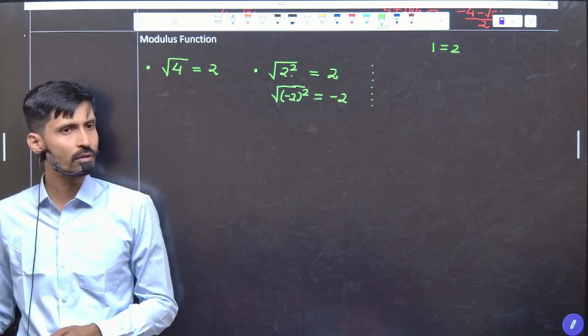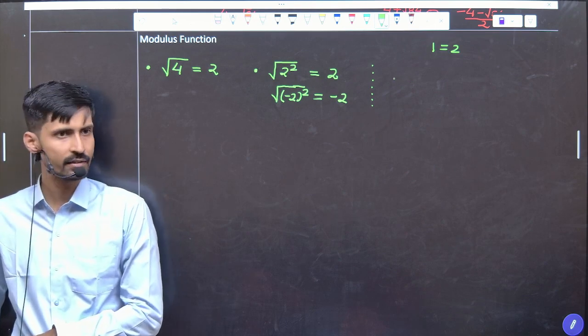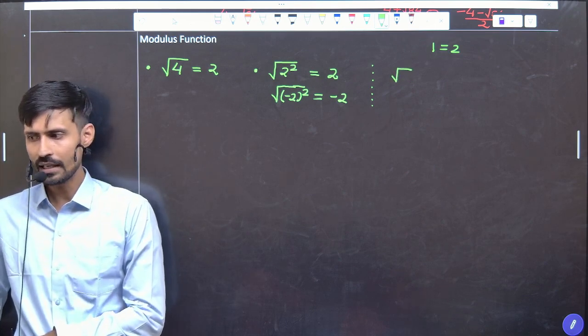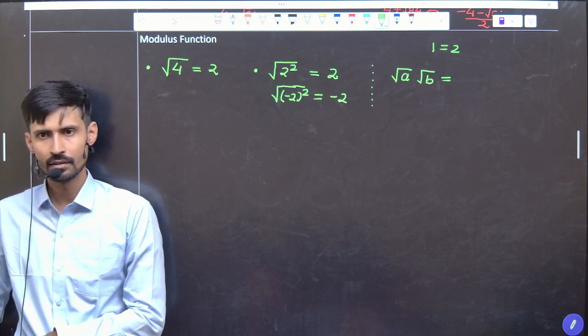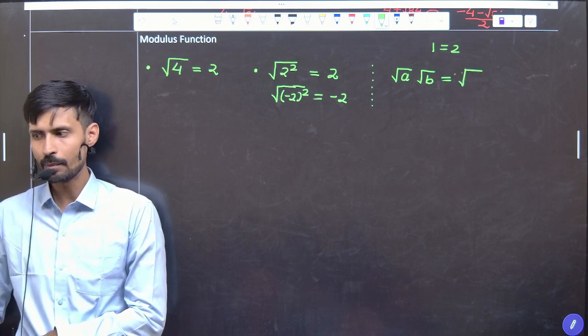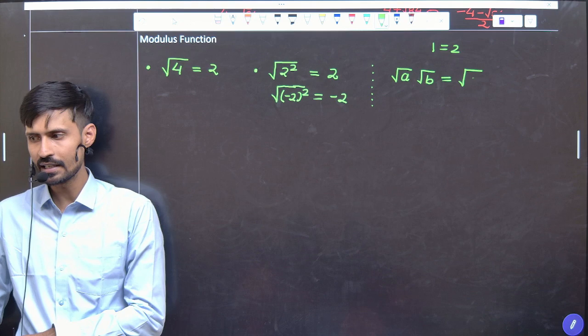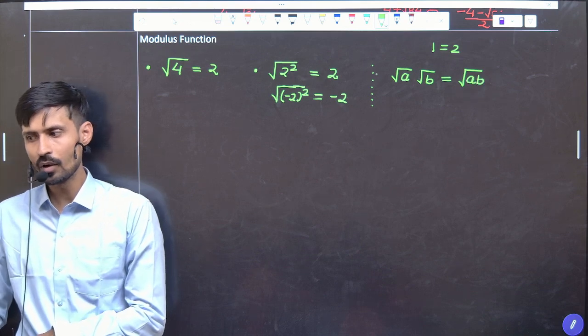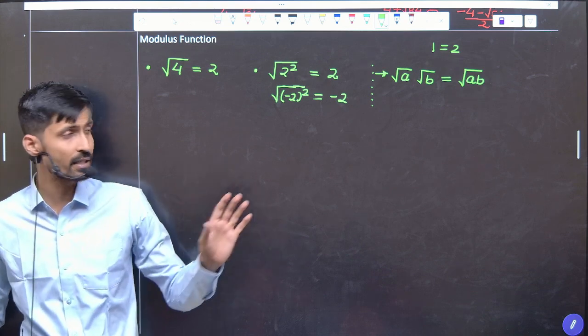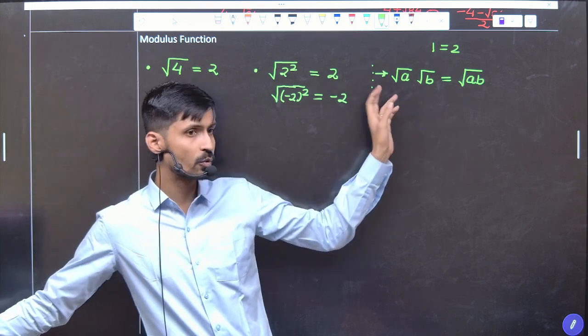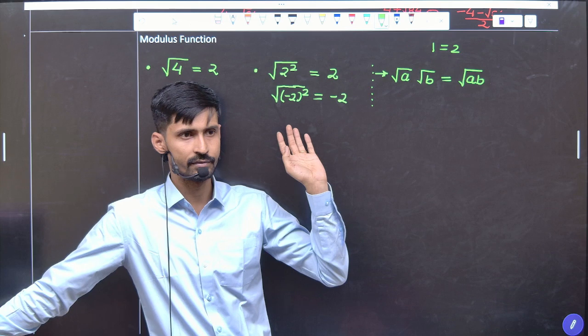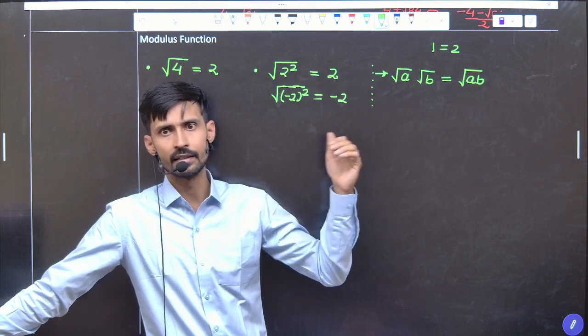So one rule is there: the square root of A into the square root of B, you can multiply both square roots and write the square root of AB only when at least one of A or B is positive. Then only we can write that.